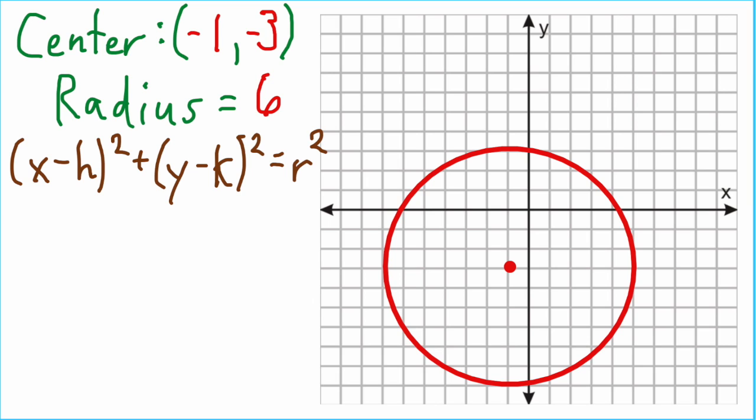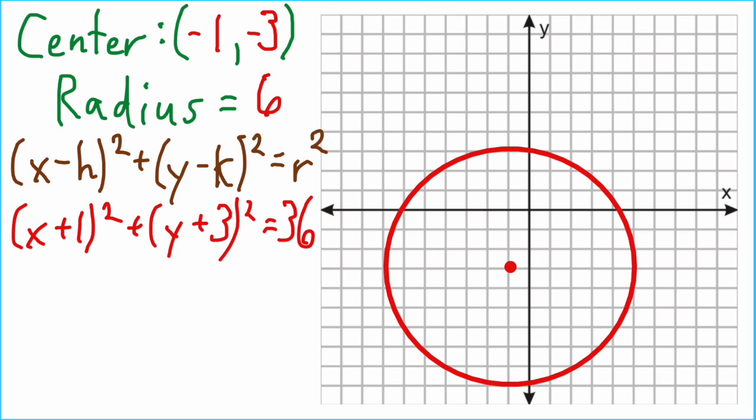It's an important reference that we need, though, to write the equation. So our equation is going to be (x plus 1) squared plus (y plus 3) squared equals 36. We've taken the opposite of the negative 1 and put plus 1 in the parentheses for x, and the opposite of negative 3, put plus 3 in the parentheses for y. And then we squared our 6 to get 36. And here's the other version.